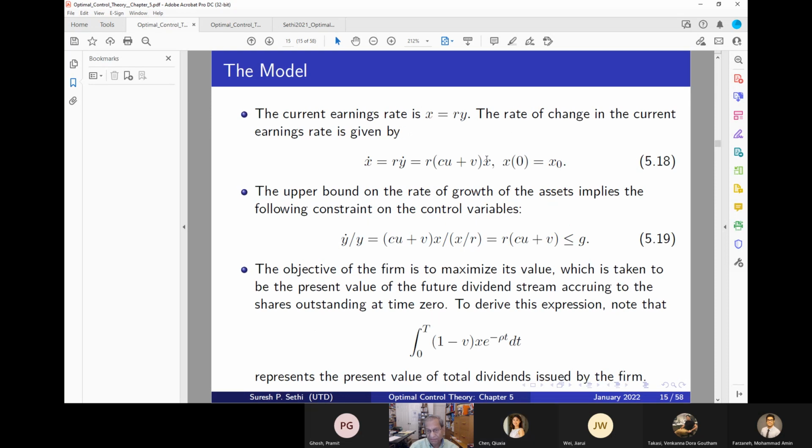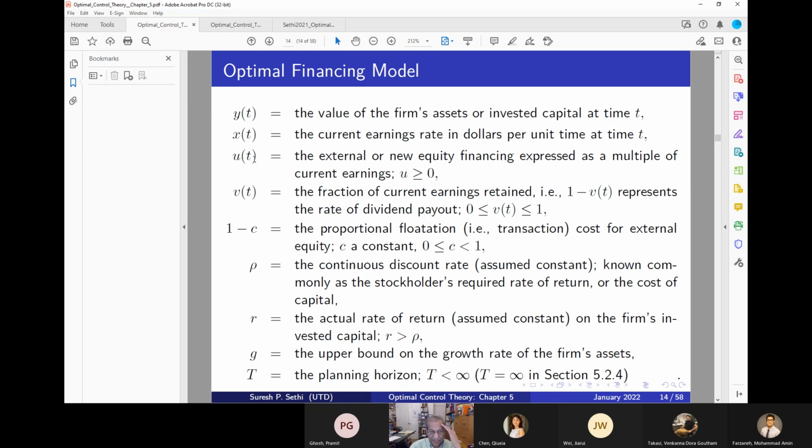You see that? What about this? Well, I'm selling them a stock at time t as a multiple of current earnings, right? If you did not put the multiple, then this control variable can be defined to be another control variable. And in that case, it will now be multiplied by X. But that's just the way the formulation was.